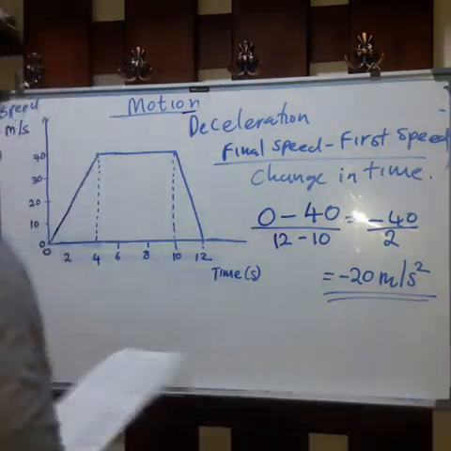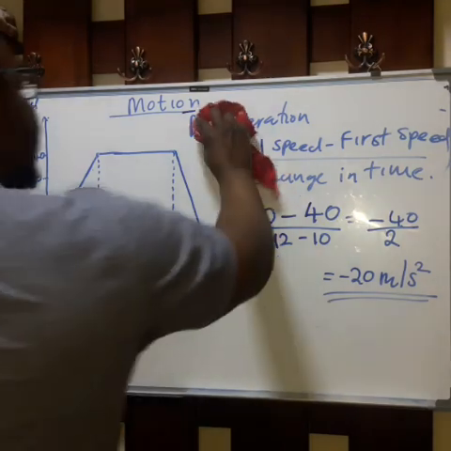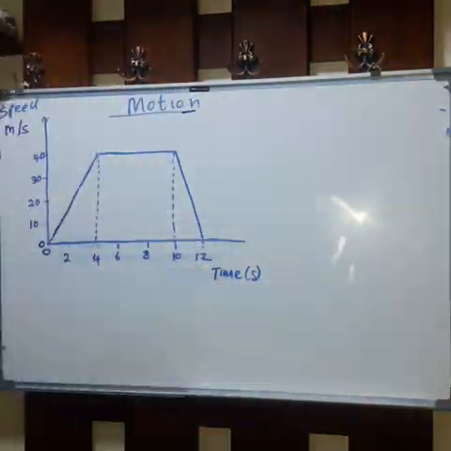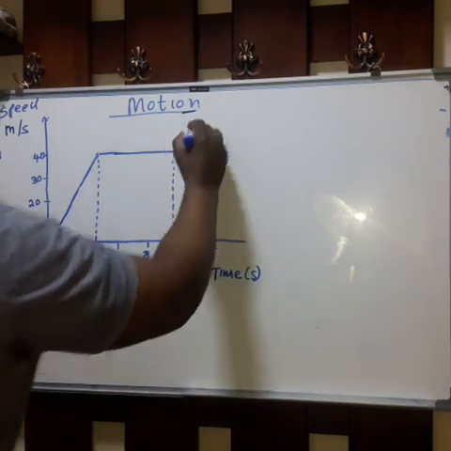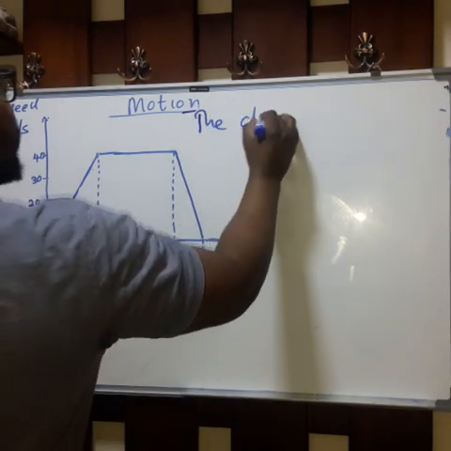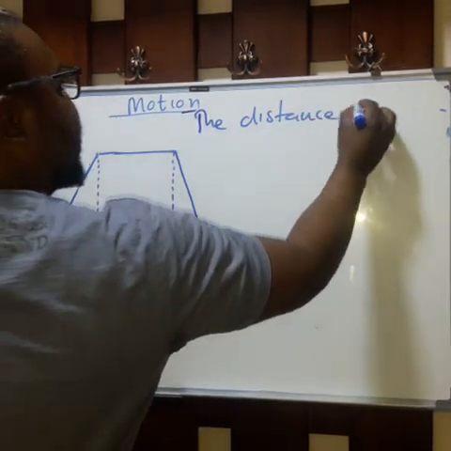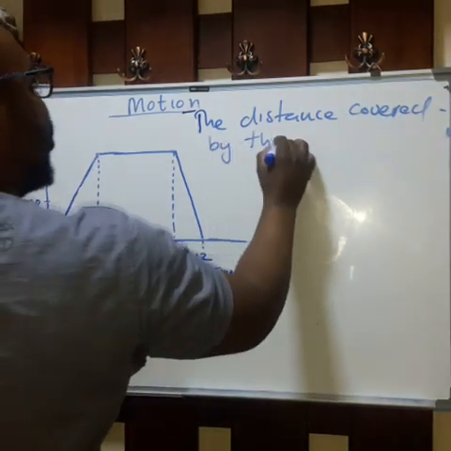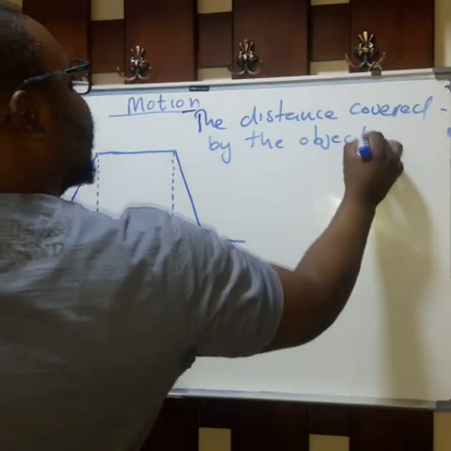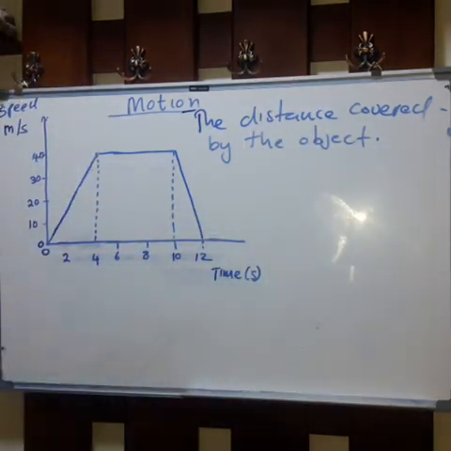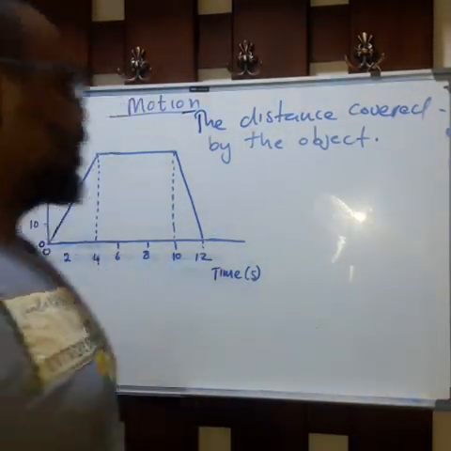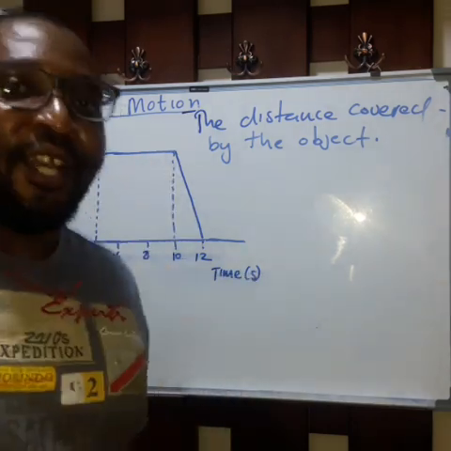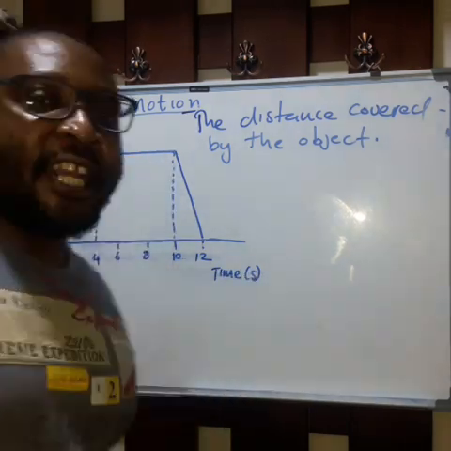Now let us move on to the last part regarding this graph. We need to calculate the distance covered by the object. For us to calculate the distance covered by the object, we need to calculate the area under the graph.